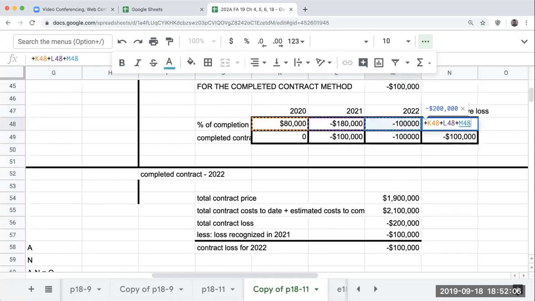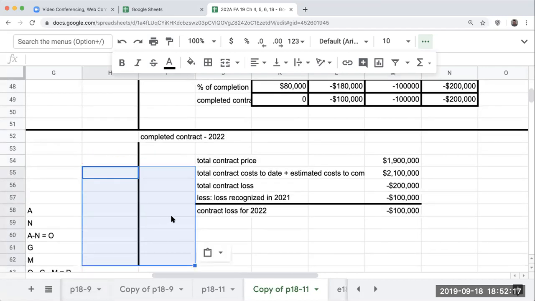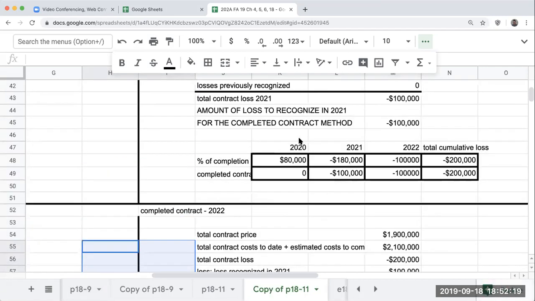So my total cumulative loss in both situations is going to be $200,000. So again, the key here is that under completed contract I'm going to be recognizing profit if it's appropriate. However, under both methods, if I have a loss, I need to recognize such loss immediately. And so that's really what I went through and did under both of these methods.